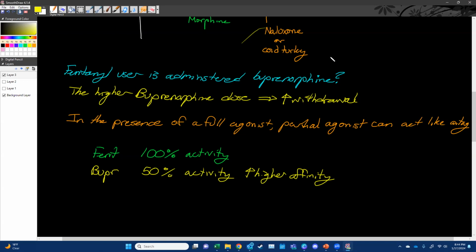Will it be as bad as naloxone? No. But will you cause withdrawal? 100%. So you cannot give buprenorphine to someone who is on a current opiate. Otherwise, you're going to induce withdrawal within seconds. And then buprenorphine lasts for 72 hours, I think. So you've just caused 3 days of withdrawal for them.